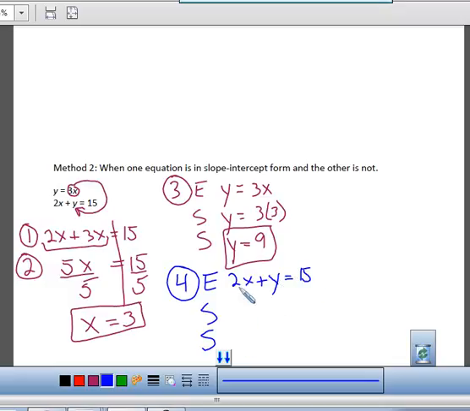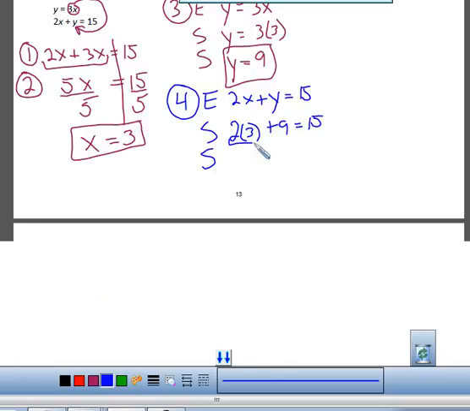So I substitute 3 in for x. I substitute 9 in for y. And then I work it out. 2 times 3 is 6. 6 plus 9 is 15. So 15 equals 15. We have a nice check here.